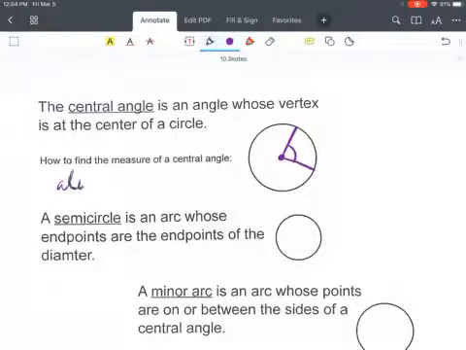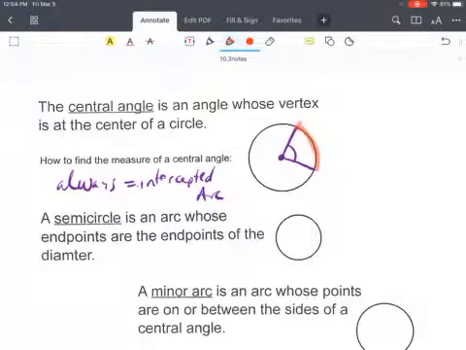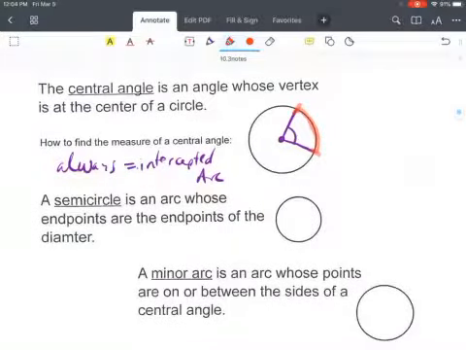It is always equal to the intercepted arc. So it intercepts the circle from that point to that point, so that arc and that angle would be the same.